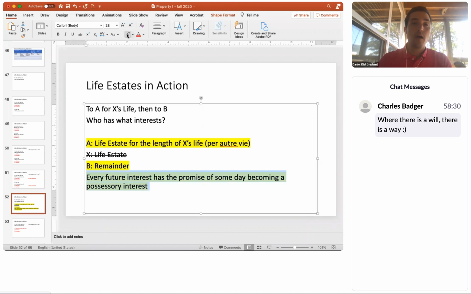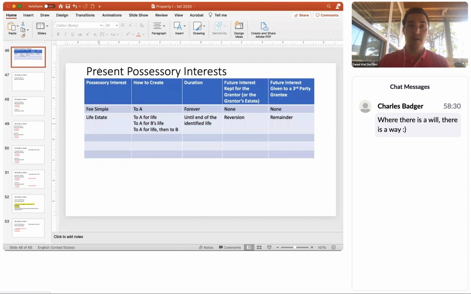So every future interest has the promise of someday becoming a possessory interest. B's remainder here has the promise of someday becoming a possessory interest. A possessory interest is an interest on this side of the chart. A future interest is an interest on this side of the chart. So every remainder or reversion has the potential at some point to become this when things happen in the future.